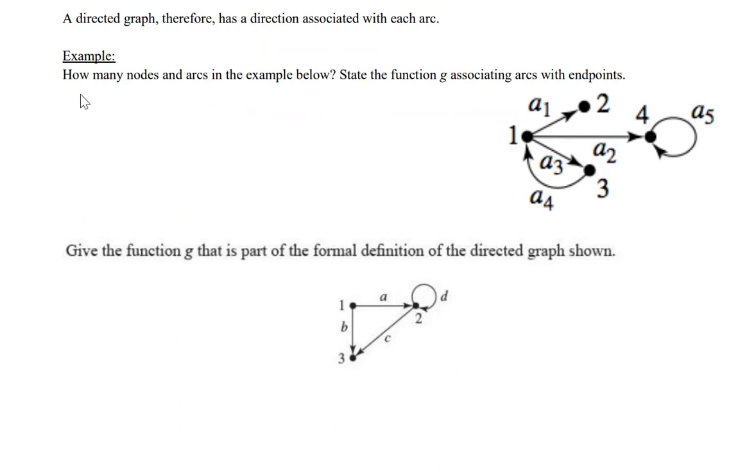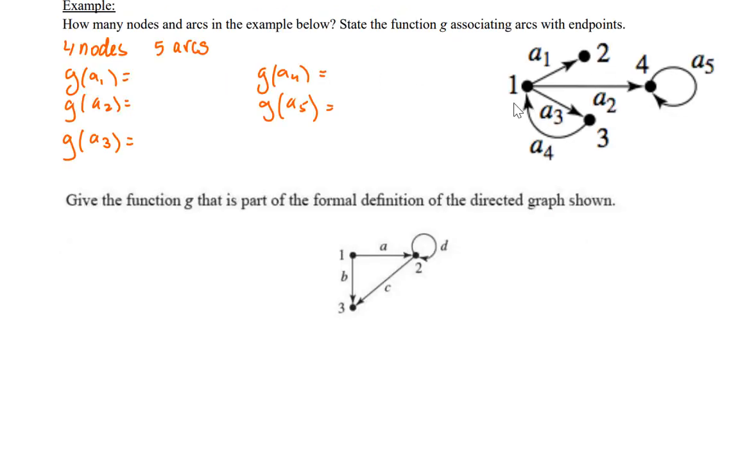Let's see this example. How many nodes and arcs are in the example below? State the function g associating arcs with endpoints. So take a minute and try to find how many nodes, how many arcs, and the function. As we can see, we have 4 nodes, 1, 2, 3, 4, and we have 5 arcs, A1, A2, A3, A4, A5.